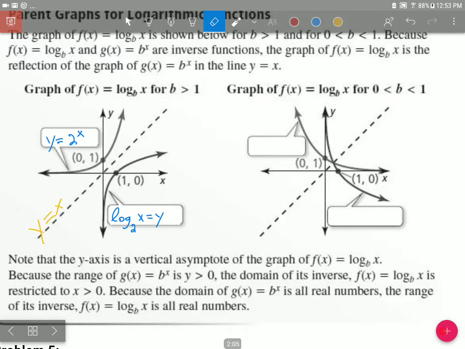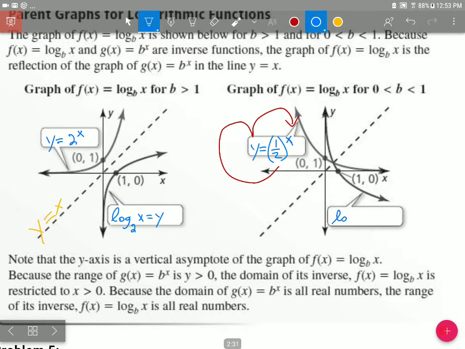All right. The other one would be a decay function. So you've got your exponential decay right there. That's probably y equals something like 1/2 to the power of x. Then they switch their x and y, so log base 1/2 of x equals y, because we have to switch them.